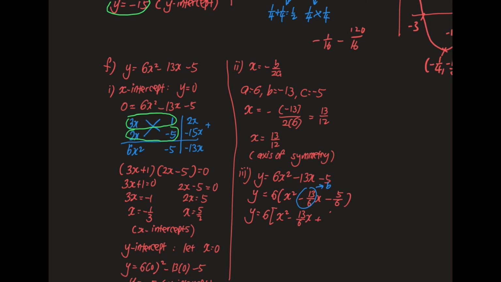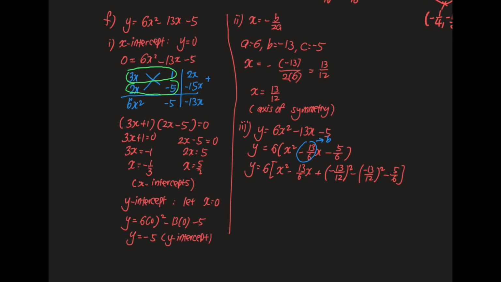So x squared minus 13 over 6x plus b over 2, negative 13 over 12 squared, minus negative 13 over 12 squared. Then the third term, minus 5 over 6. So we inserted 2 terms already, which is minus 13 over 12.